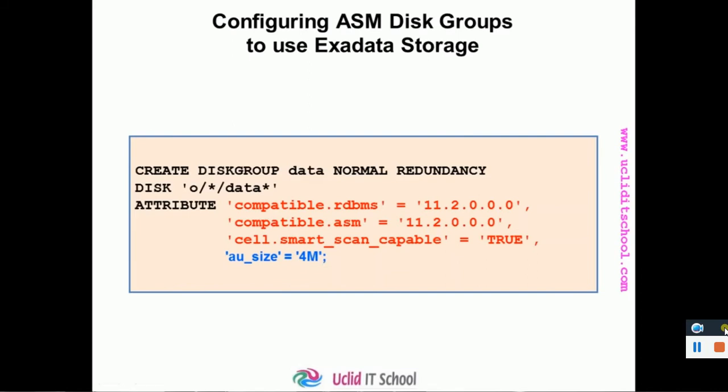The default AU size is 1 MB, so outside Exadata we go with the default most of the time. But on Exadata, the recommendation is 4 MB because smart scan is optimized for 4 MB reads. Other than this, the syntax remains the same.